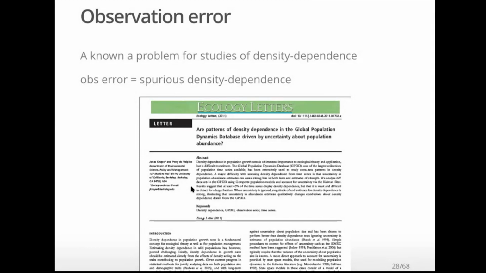People have used it a lot to try to understand density dependence in real data. The problem with that is that whenever you have observation error, that creates something that looks like density dependence. It's called spurious density dependence. So that's a problem.